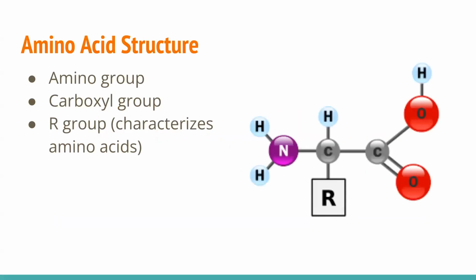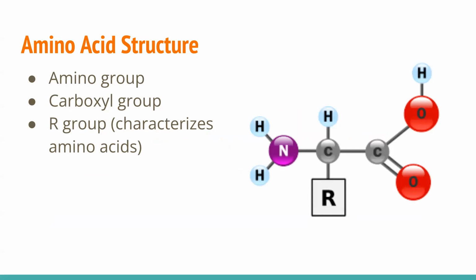Okay, so this is the structure of an amino acid. Okay, so we have an amino group. It's the nitrogen with 2 hydrogens, and you have that in every single amino acid, all 20 of them. You also have a carboxyl group on the right side, depending on how you're looking at it.